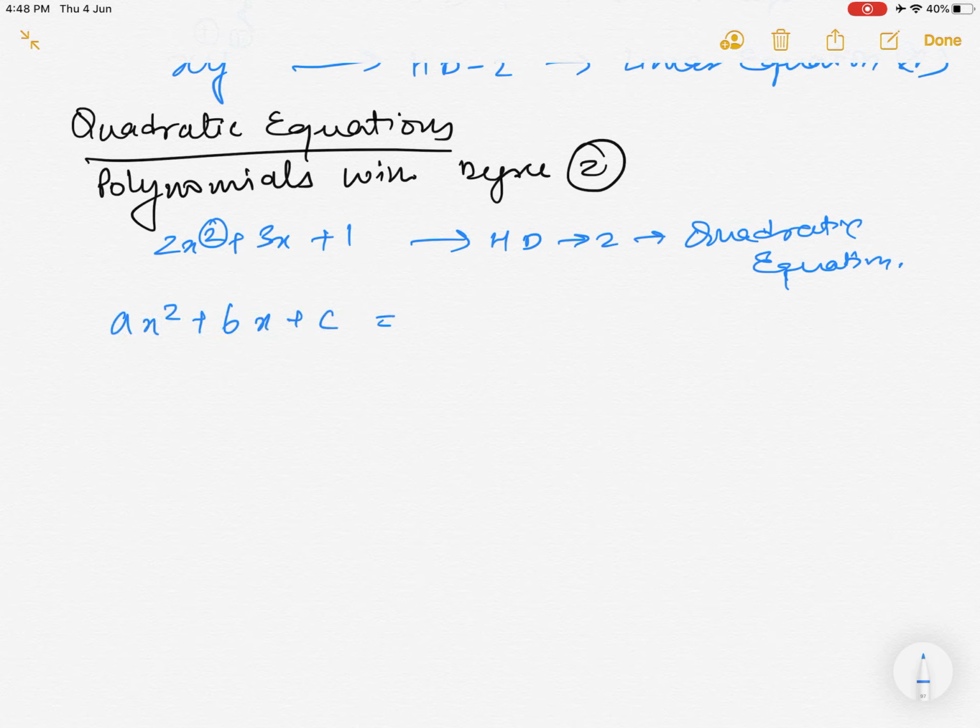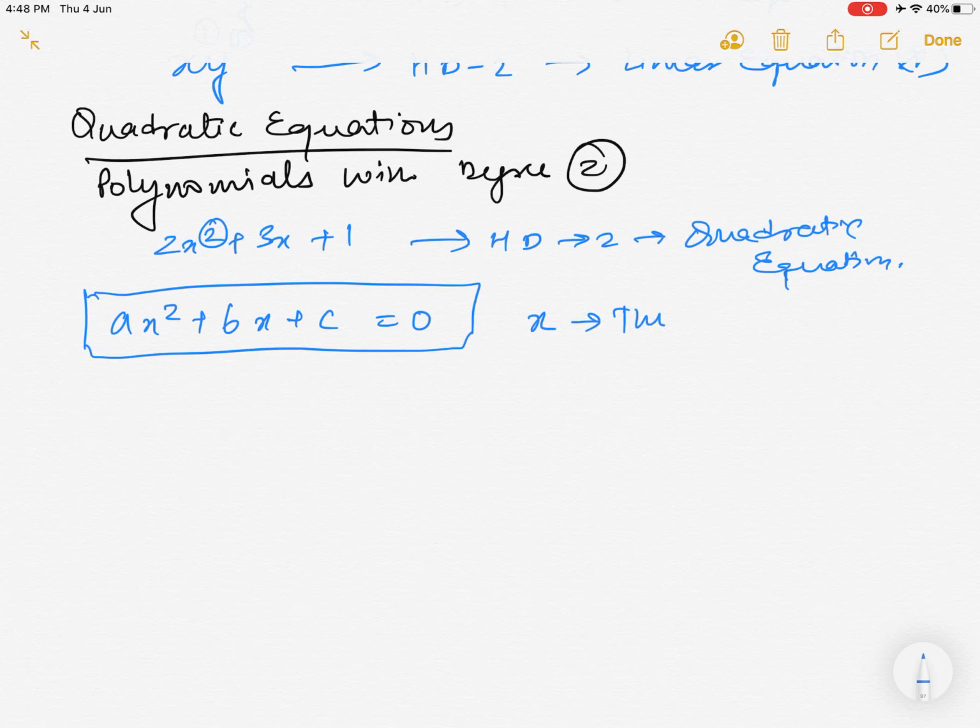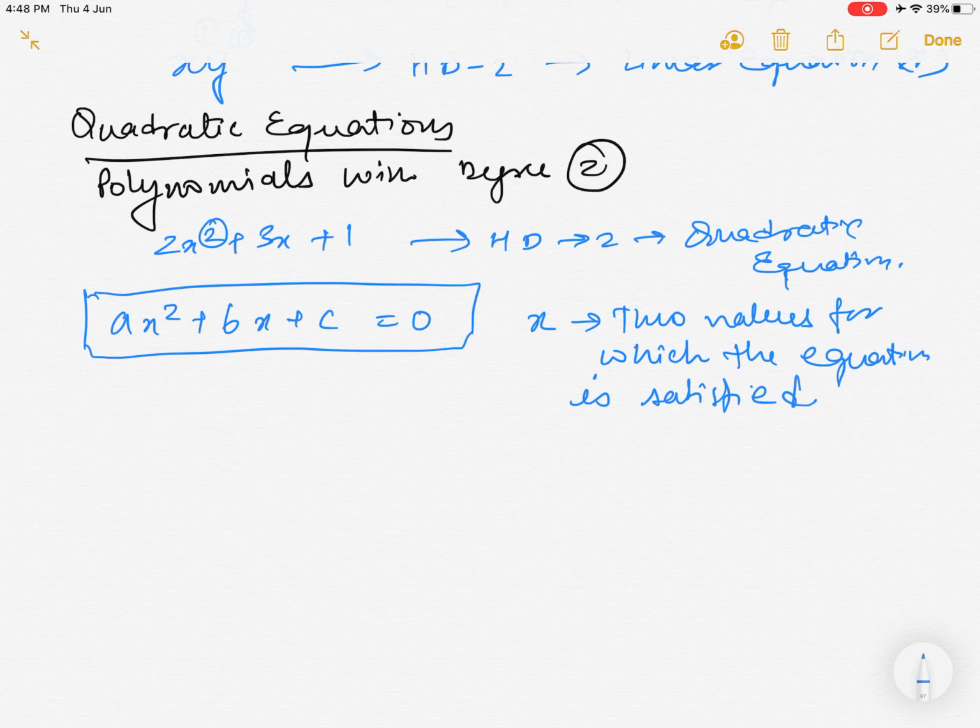Now there is something more to quadratic equations. If you have a quadratic equation, let's say ax^2 + bx + c = 0, now since it has a power 2, if you try to recall, x will have two values for which the equation is satisfied.